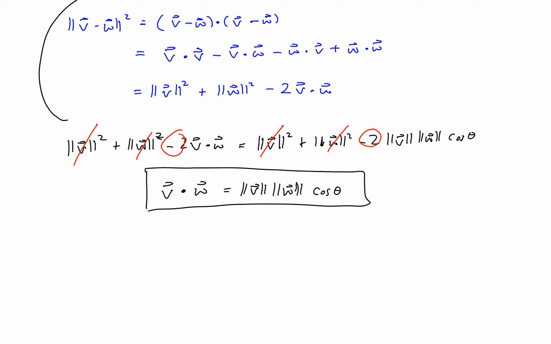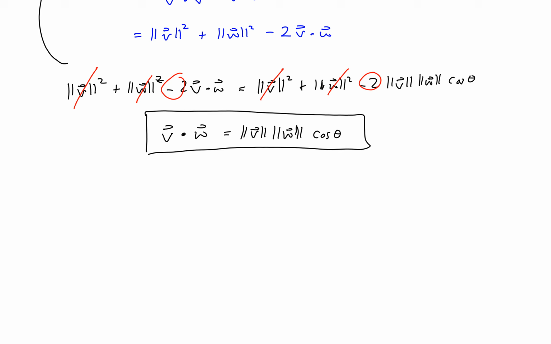So this is a really important formula for several reasons. So let's start off with a definition. We say vectors v and w are orthogonal or perpendicular.